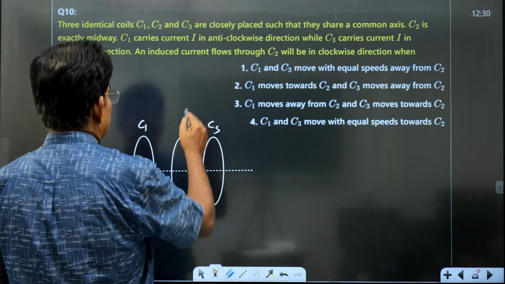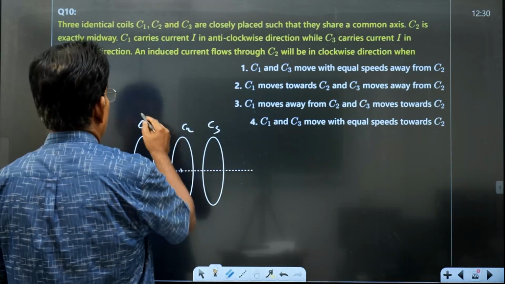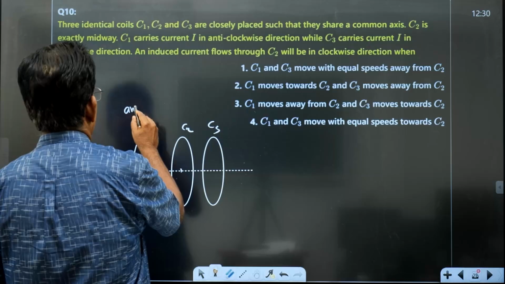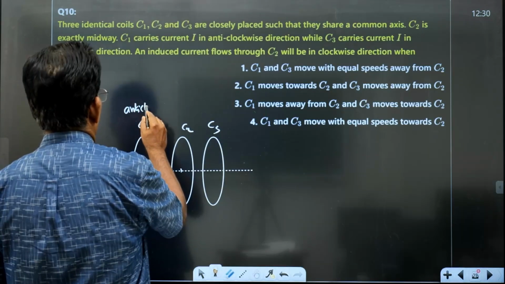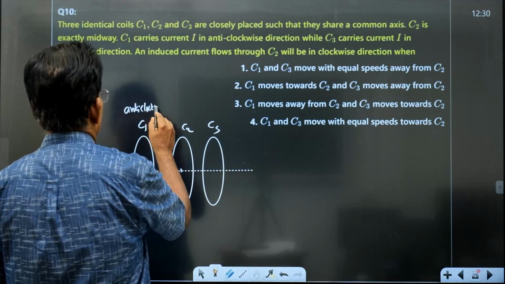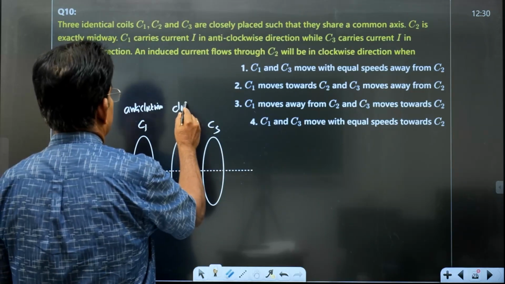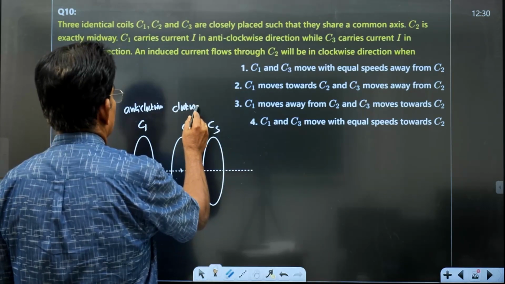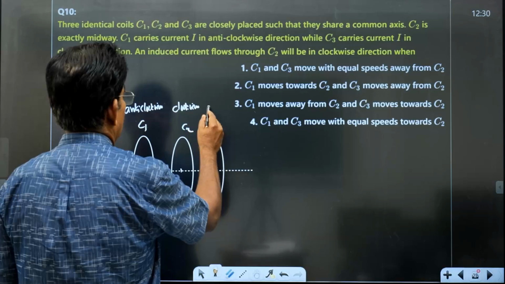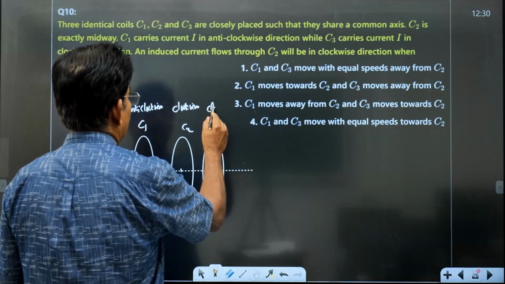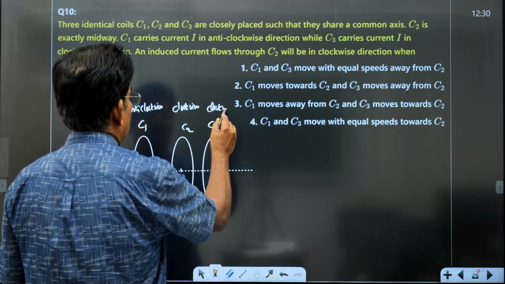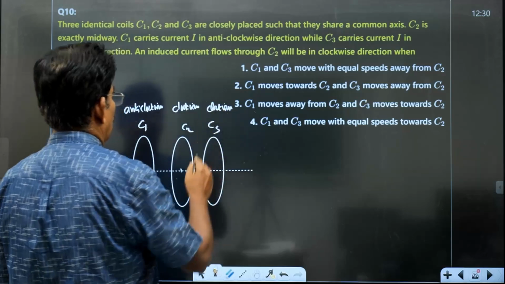This is the midway point they told. Here the current is anti-clockwise. Here it is clockwise. Induced one. This is already having, not induced one. Clockwise.